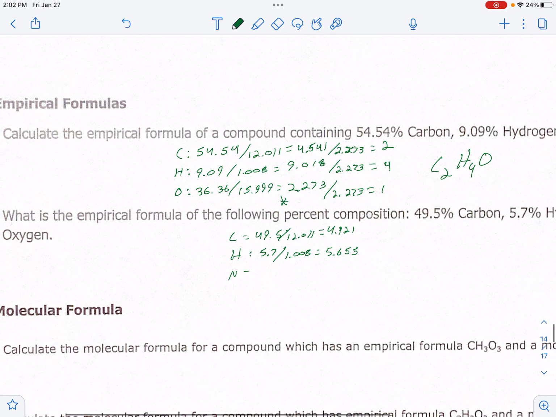Okay, nitrogen, I'm going to take that 28.8% divided by 14.007, and I get 2.056. And then last one, oxygen, I get 16.5% divided by 15.999, and that gives me 1.031. So I'm going to divide everything by 1.031.